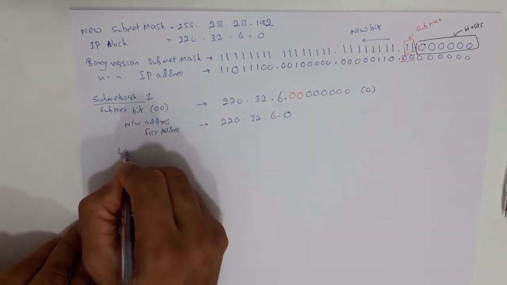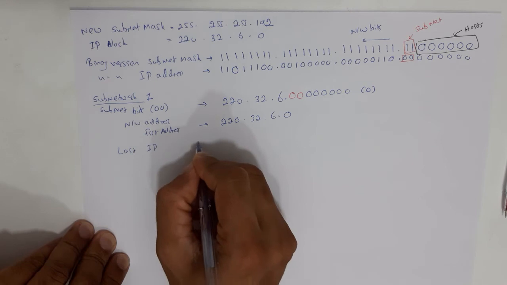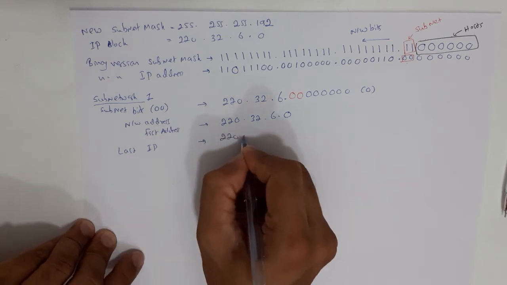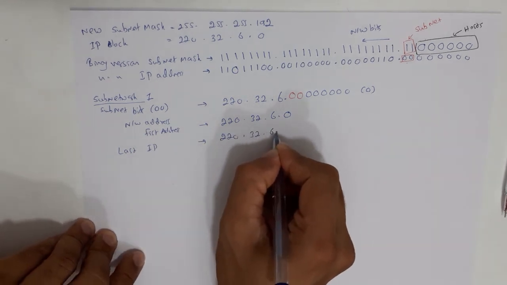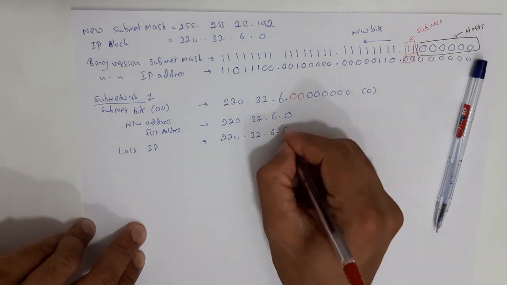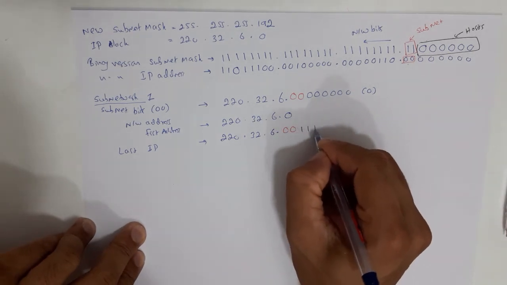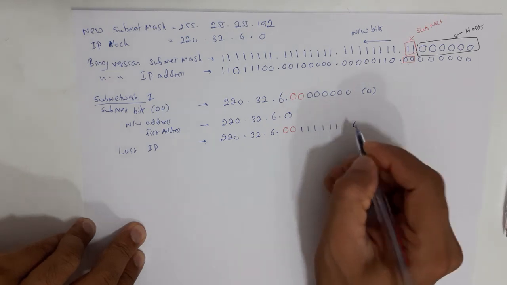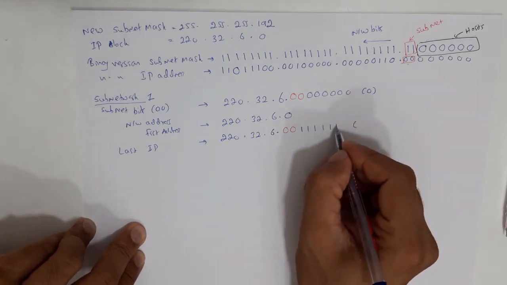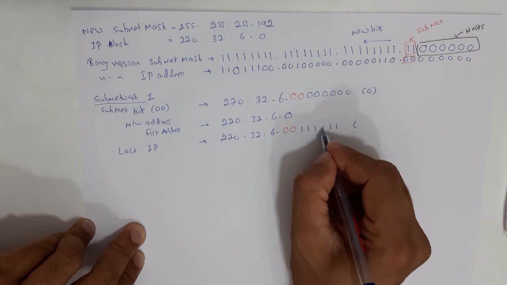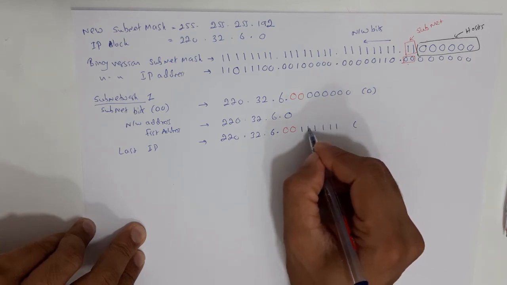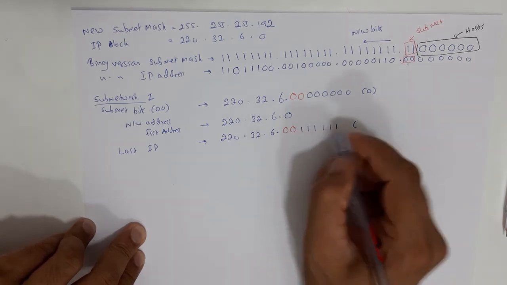Then I have to go to the last IP. Last IP will be 220, 32, 6. I can't change the subnetwork bits. Then making all the bits ones, 1, 2, 3, 4, 5, 6. Then what is this in decimal? This is 1, 2, 4, 8, 16, 32, 64.